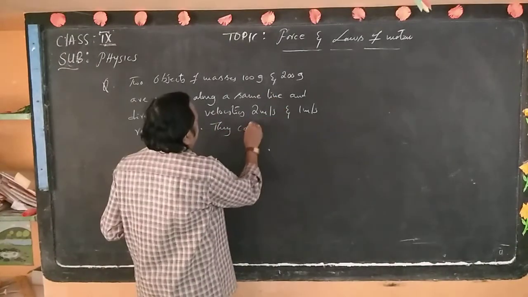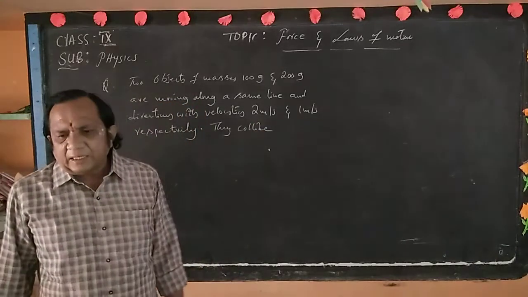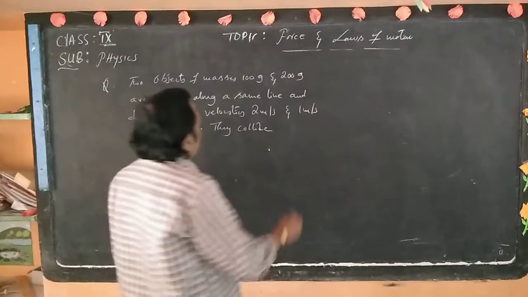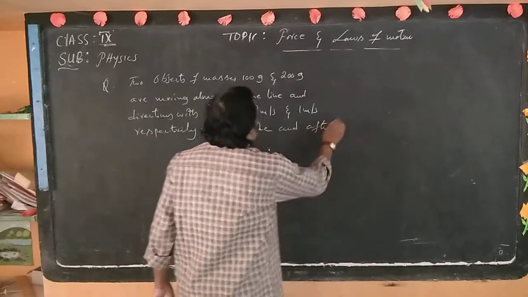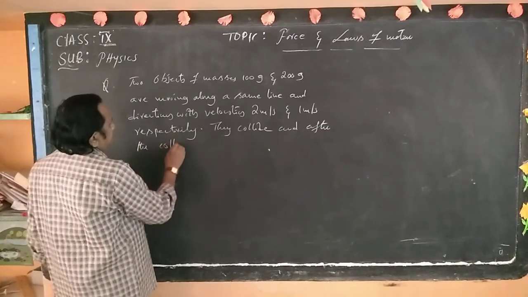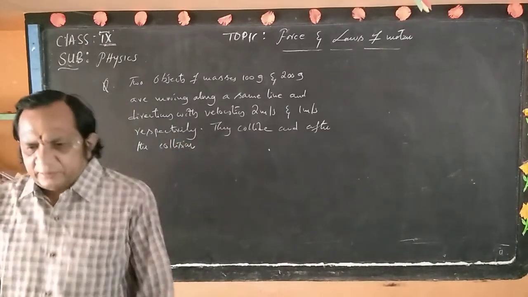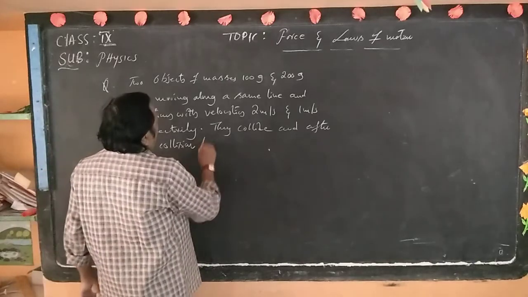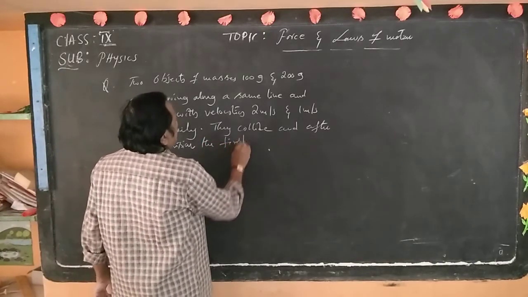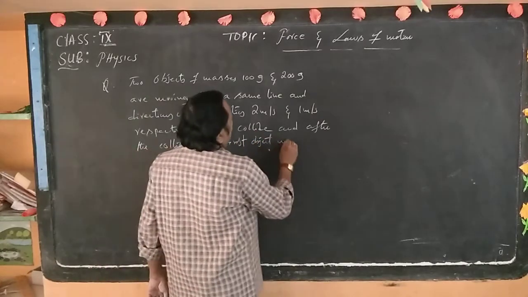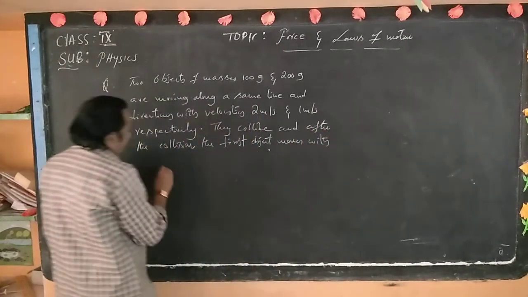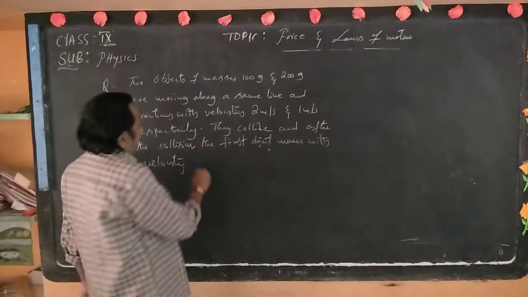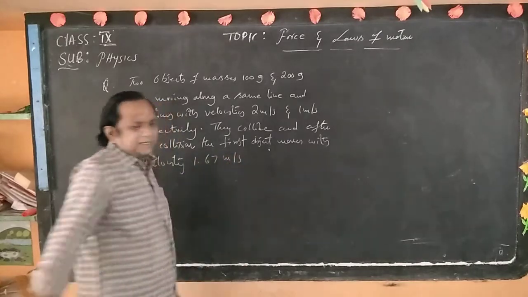Next they collide, and after the collision the first object moves with velocity 1.67 meter per second.